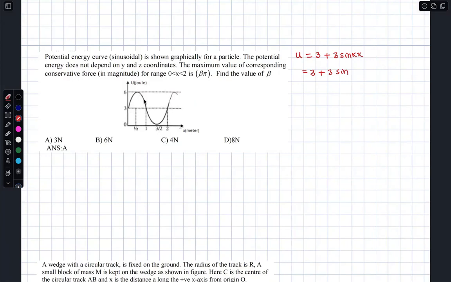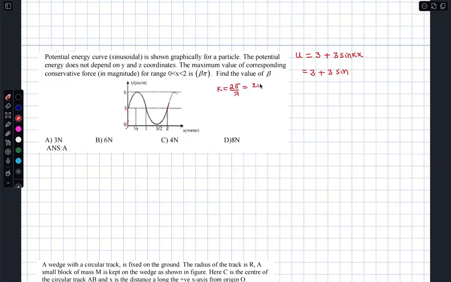If it is time, I would have written omega t. If it is length x, I would have written k. Remember, k refers to 2 pi by lambda, the wavelength.